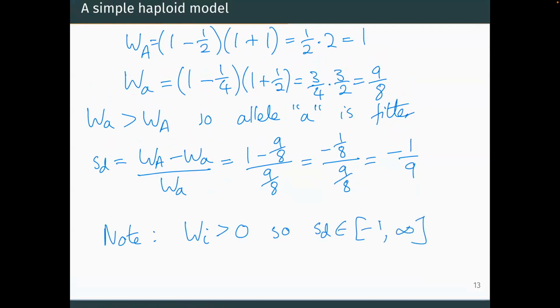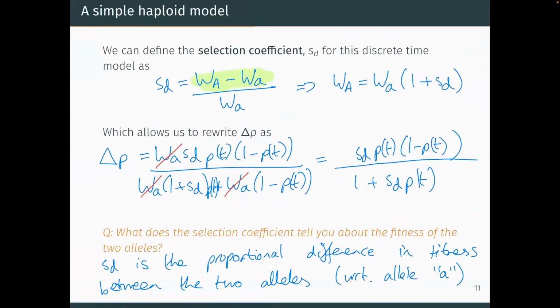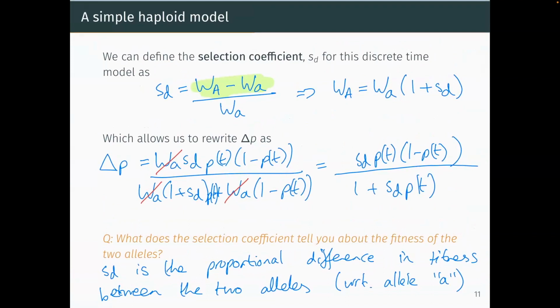Yes. The question asks for the selection coefficient for the big A allele, so we have to switch that around. It's defined the same way as we had here. I appreciate that the wording maybe wasn't clear, so I apologize. Here I defined this as the selection coefficient.